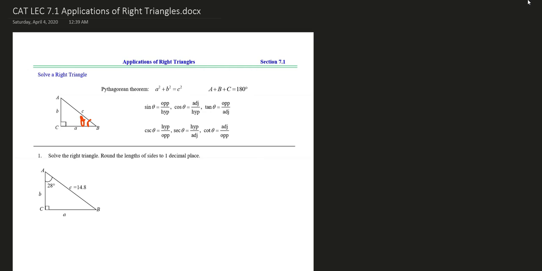However, we have one angle given, 28 degrees, and since this is a right angle, we know angle C is obviously 90 degrees. We can find angle B. If we consider this is theta, we can find angle B as 90 degrees minus 28 degrees.